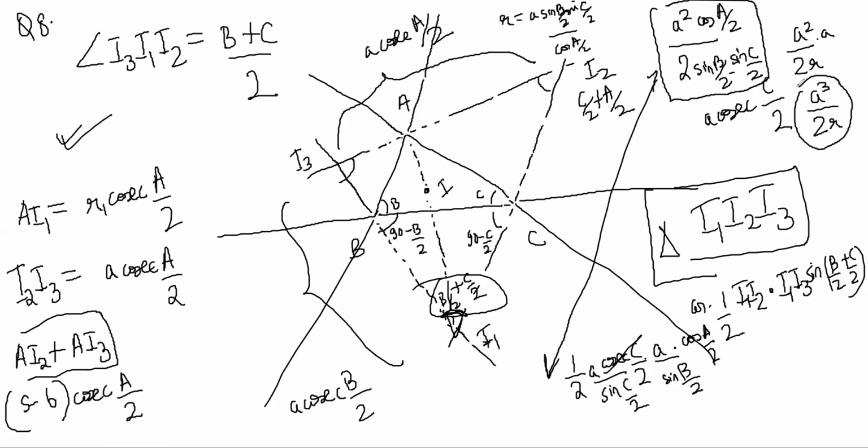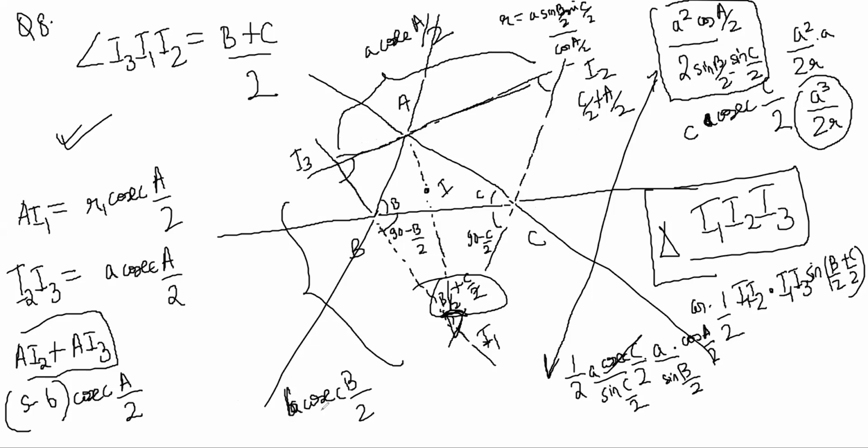So A cube. Why is it A cube? Why is it not ABC? Okay, I think we have made a mistake. A cosec A by 2 was this one. So this will be B cosec B by 2, no? You understand? Why are we doing A only all the time? It is A, B, C, no? This is A cosec B by 2, and this should be C cosec C by 2, and this should be B cosec B by 2, right?